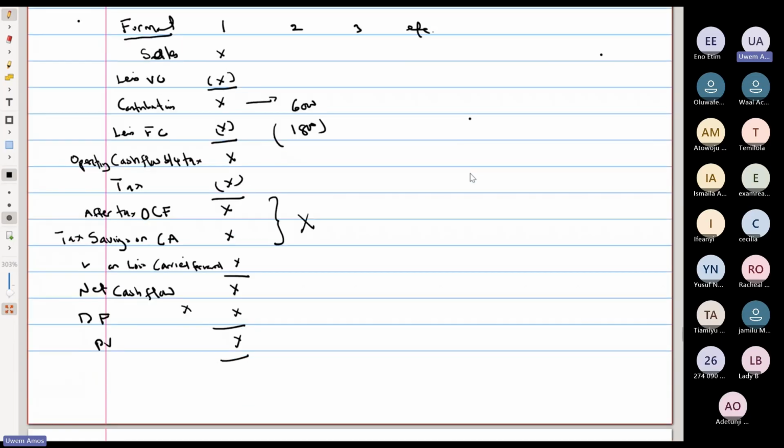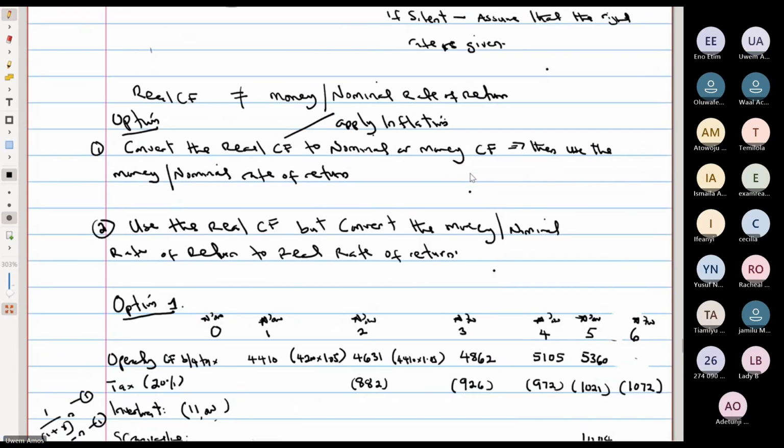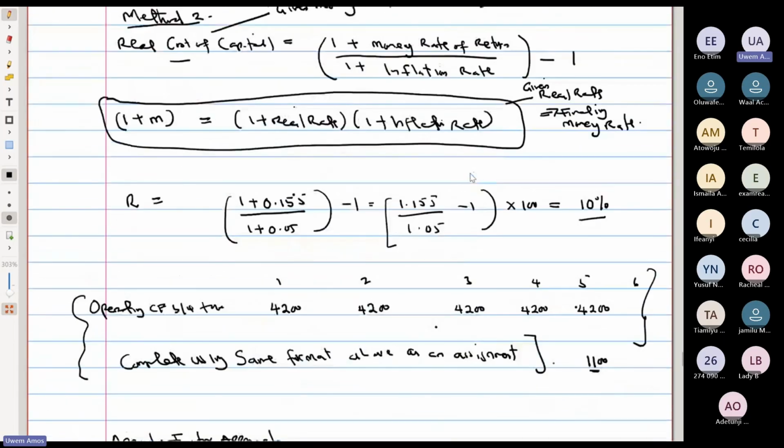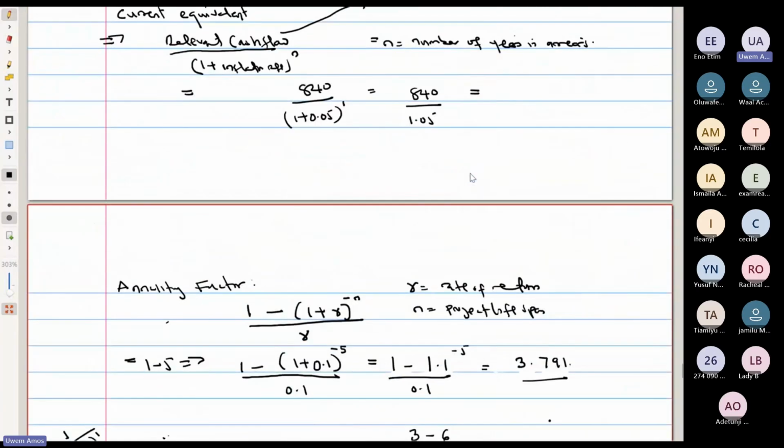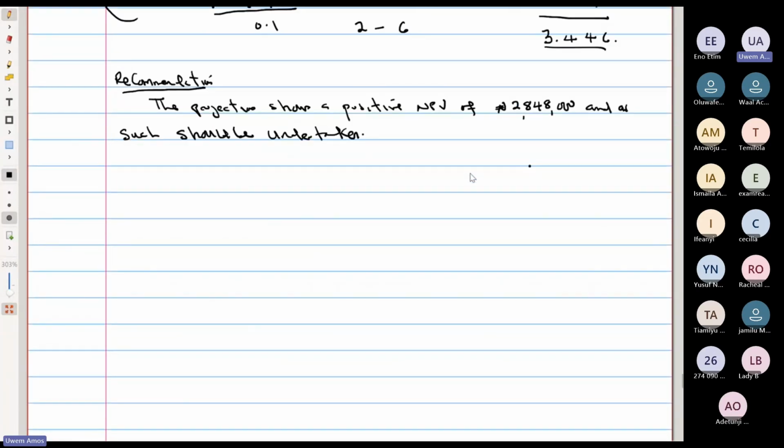Drop if it's a revenue, increase if it's cost, before we find ourselves in a negative NPV, because we don't want to undertake a project that will result in a loss. We're not a charity organization. So I've explained the concept, so you can just write a few notes out of what I've just explained.